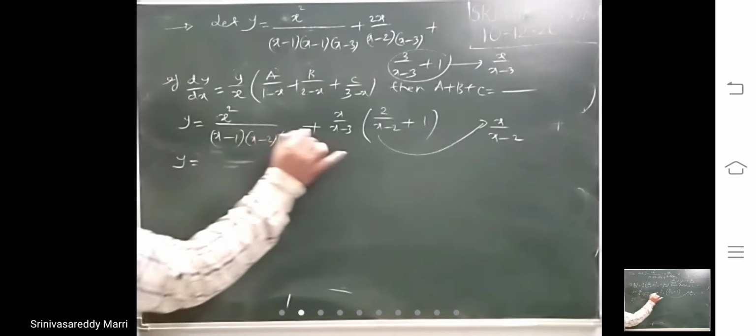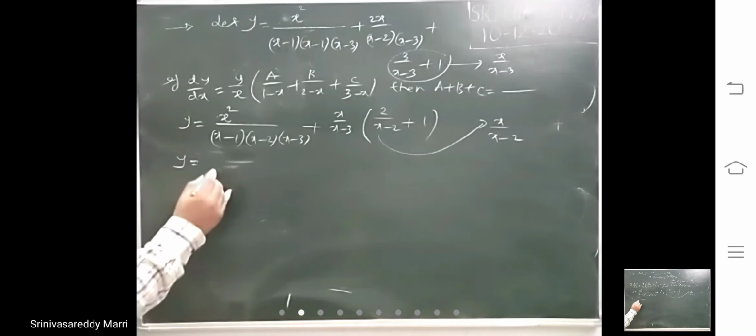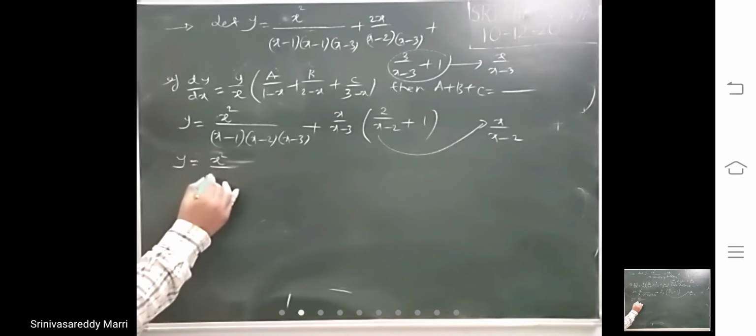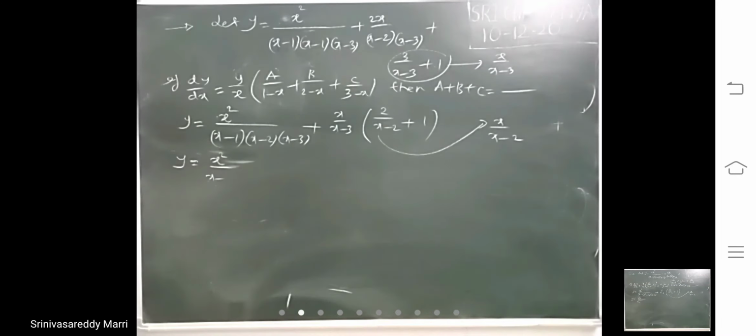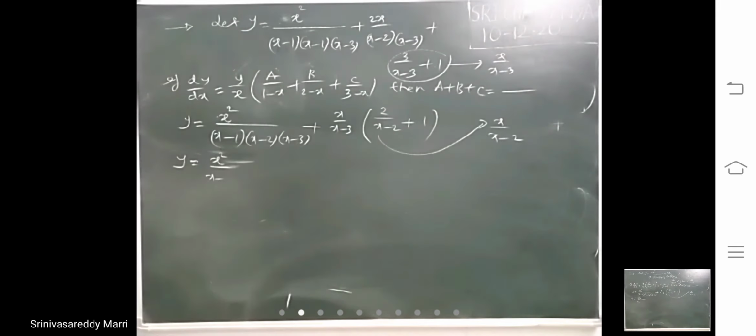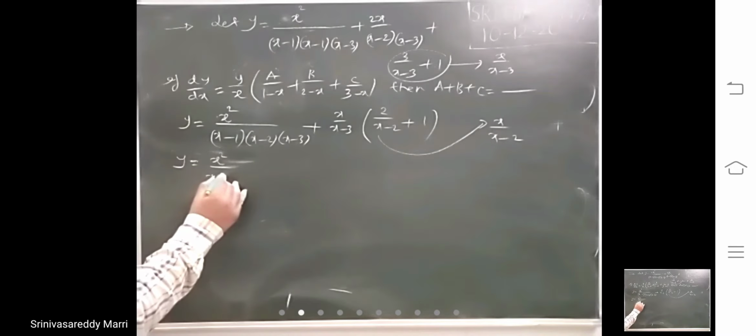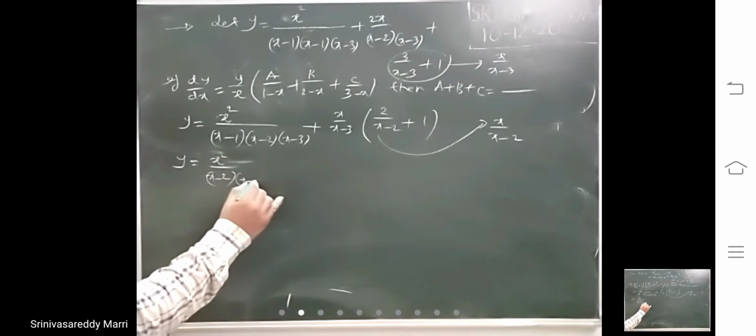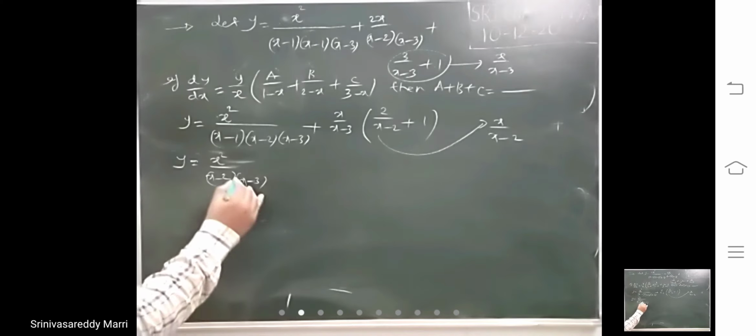Now from this and this product I am taking x square divided by x minus 2 into x minus 3 common.